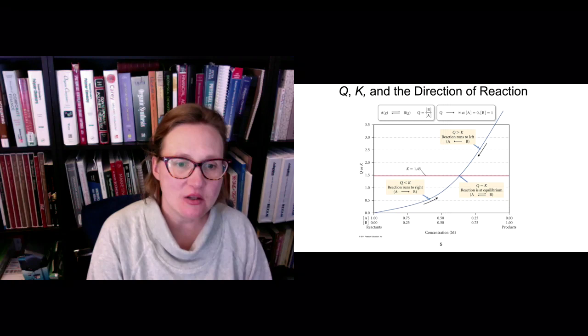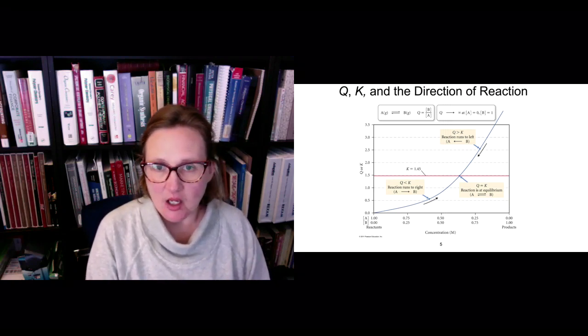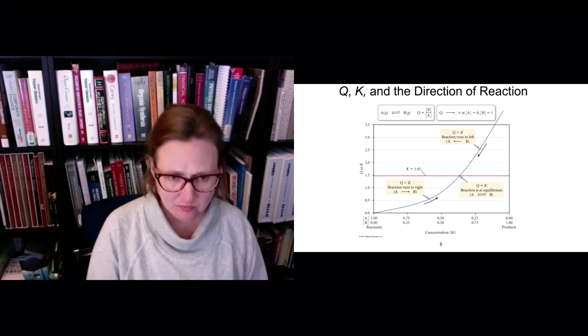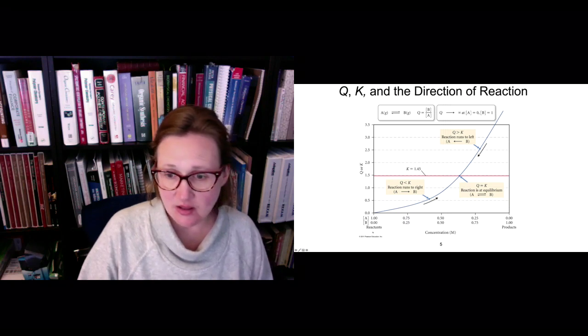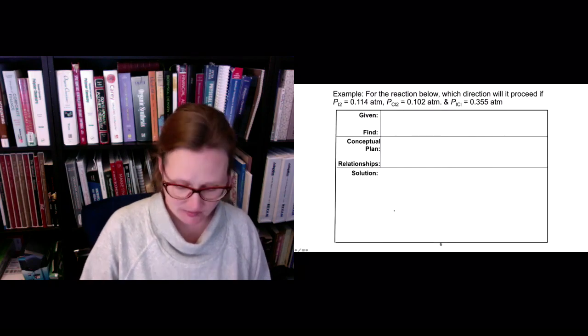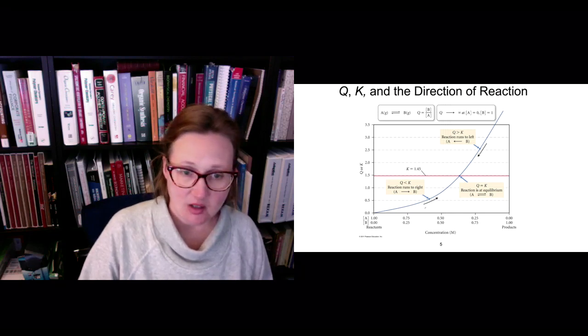All right, so let's look at Q, let's look at K, and let's look at the direction of reaction. Here we have a situation where Q is less than K, so the reaction is going to proceed to the right.